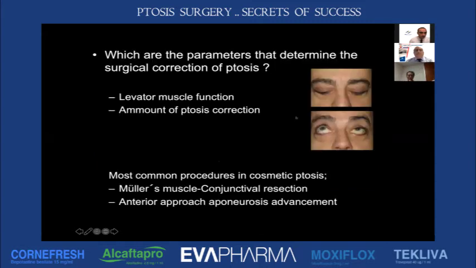Which are the parameters that determine the surgical correction of ptosis? Well, we all know that the main factors that we check to determine the surgery are the levator muscle function and the amount of ptosis correction. The most common procedures in ptosis surgery in cosmetic patients are the Mueller's muscle conjunctival resection and the anterior approach aponeurosis advancement.